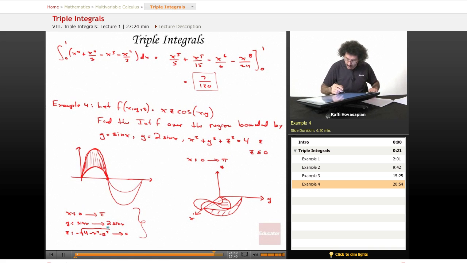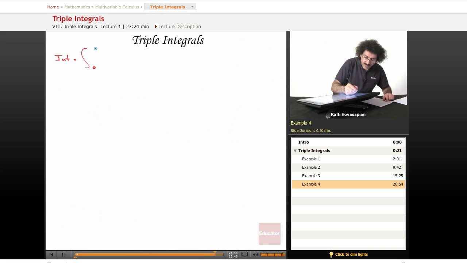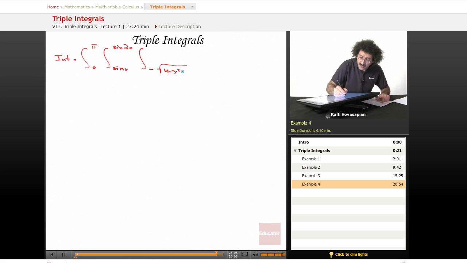So this is what's important. So now our integral is going to equal the integral from 0 to pi, the integral from sine of x to sine of 2x, and the integral from minus radical 4 minus x squared minus y squared up to 0.